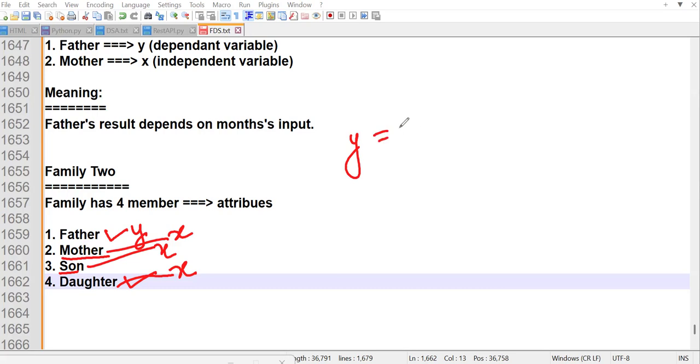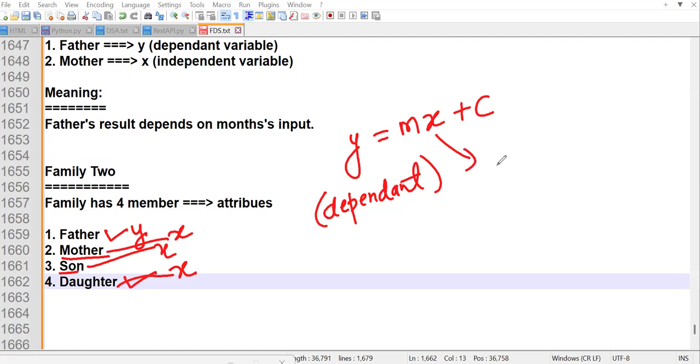Y equals mx plus c. Y is the dependent variable, and x is the independent variable.